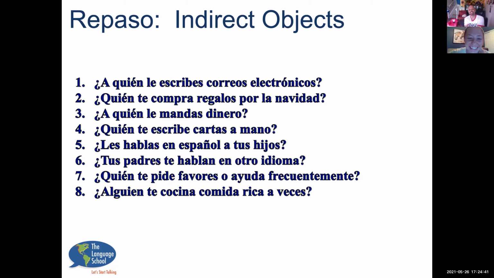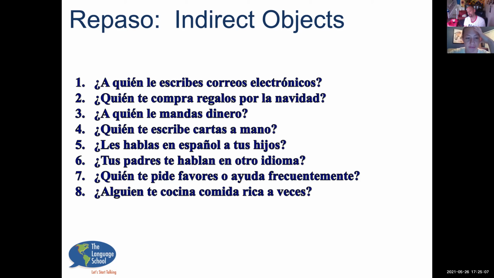¿Quién te escribe cartas a mano? Mi novio me escribe cartas a mano. ¿Les hablas en español a tus hijos? Tú no tienes hijos, ¿cierto? Número 6.